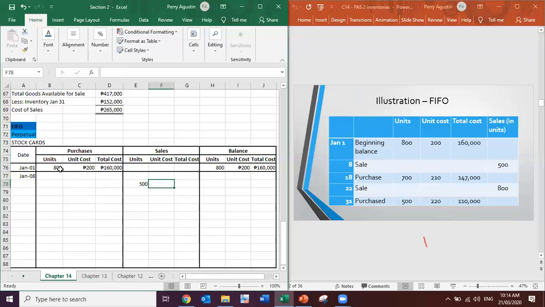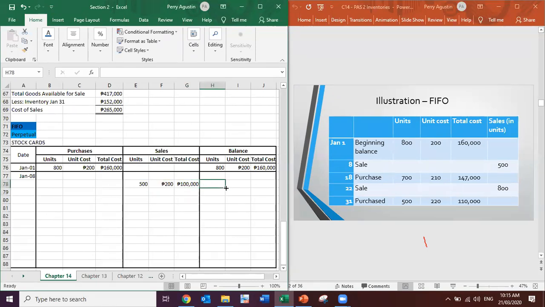Since we bought 800 at 200 pesos, we will sell it at 200 because we are on first in, first out. And since we have first bought the 800 units at 200 pesos, we will first allocate sales at 200 pesos. So how do we get our total cost? We simply multiply the two, the units times the unit cost.